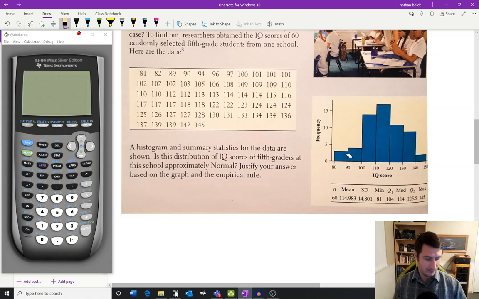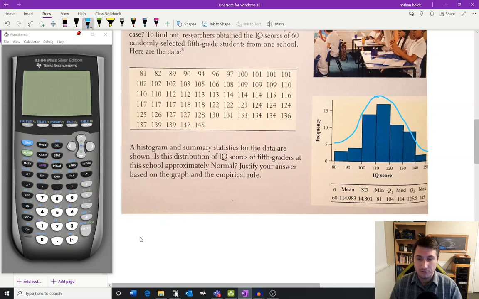Is this normal? Now, if you look at this histogram, you might say, well, no, it doesn't quite look good enough, does it? I mean, it's kind of close, but perhaps that's not good enough. Well, you can't just look at the histogram completely. You should actually test out the 68, 95, 99.7 rule.